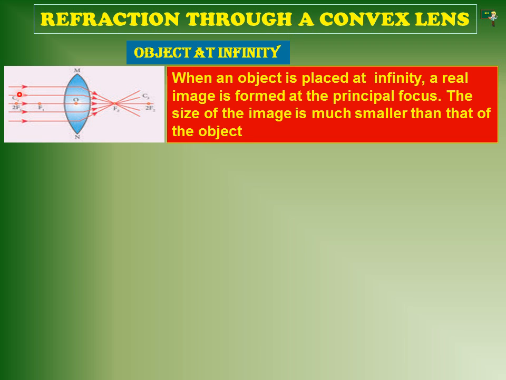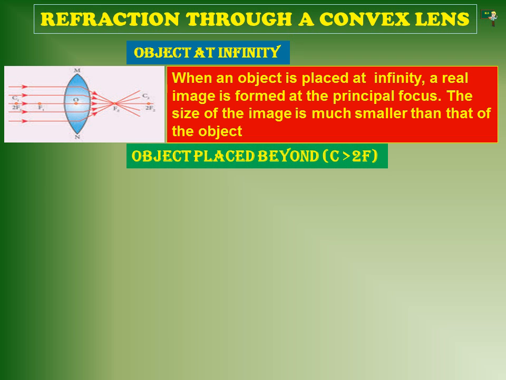This is the real image which has been shown, and this is the size of the image, which is much smaller than that of the object. Next one, when the object is placed beyond C, that means we are doing refraction through a convex lens, and when the object is placed beyond C, that means greater than 2f.